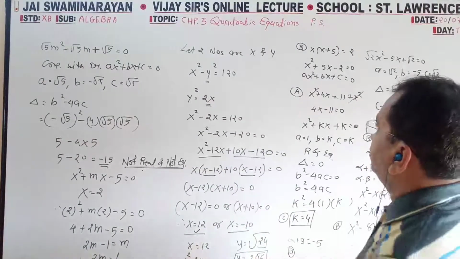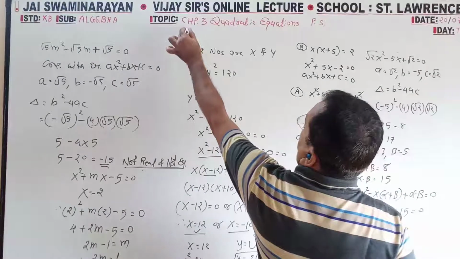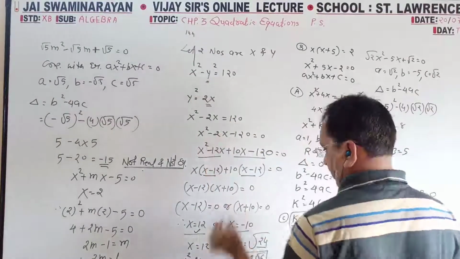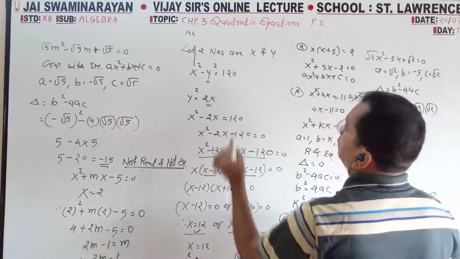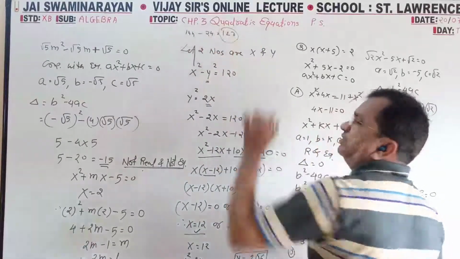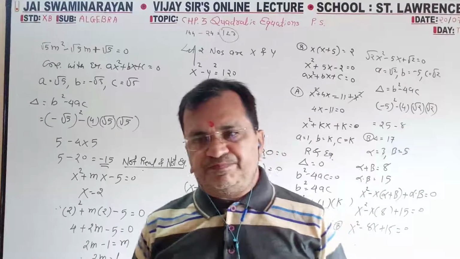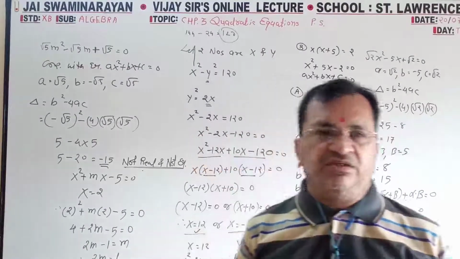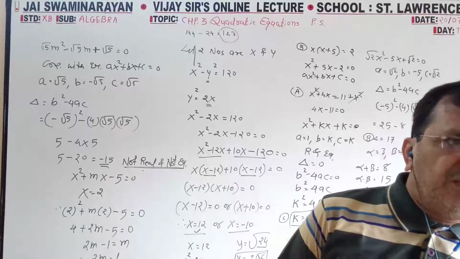So 12 square means what? 144. Y square means what? 24. So it is 120. So somewhere you have to substitute and check whether your answer is correct or not.